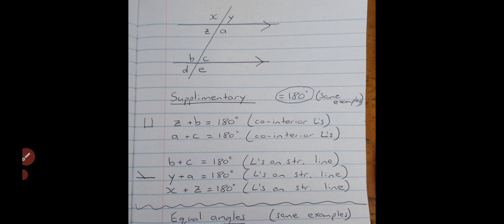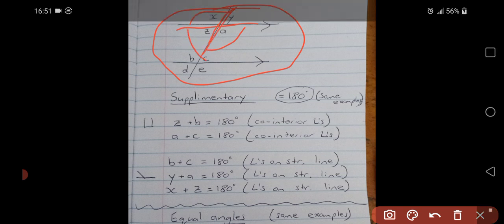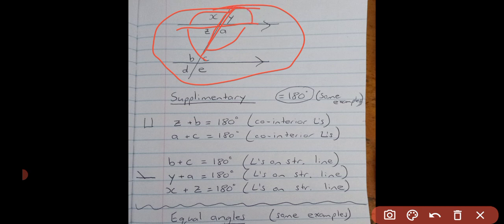All right. So here we have these angles here, and I just want to look at the vertically opposite ones. Okay, so that makes an X there, which means that x is going to be equal to a. And the z is going to be equal to the y, because they're also vertically opposite.